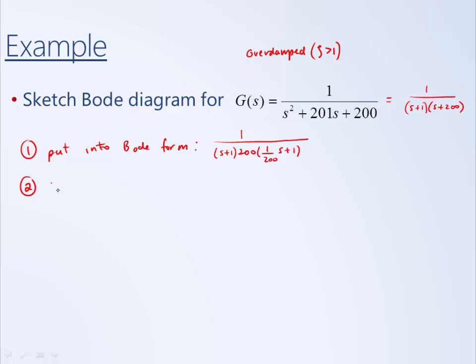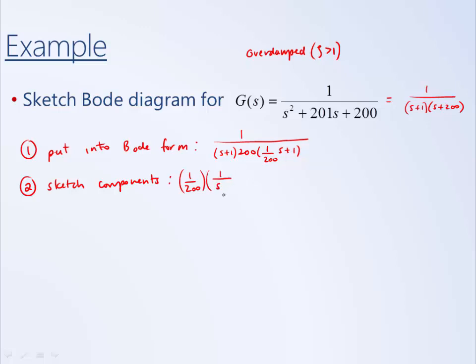The second step is to sketch the Bode diagrams of the components. In this case we have a simple gain, which is 1 over 200 if we factor it out front, and then we have two simple poles.